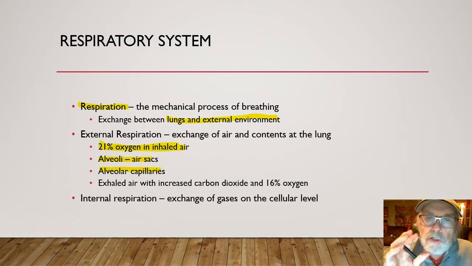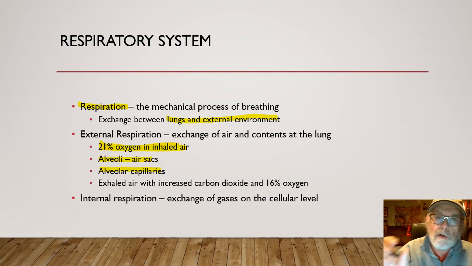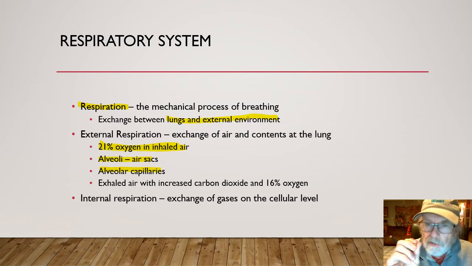So if the concentration of oxygen in the air is greater than the concentration of oxygen in the blood, oxygen goes from the air across the wall of the alveoli, which is very, very thin, thinner than paper, maybe two cell layers thick in some places, through the wall of the capillary, into the blood, and binds to the hemoglobin, simply because the concentration of oxygen in the air we breathe is greater than the concentration of oxygen in the blood.